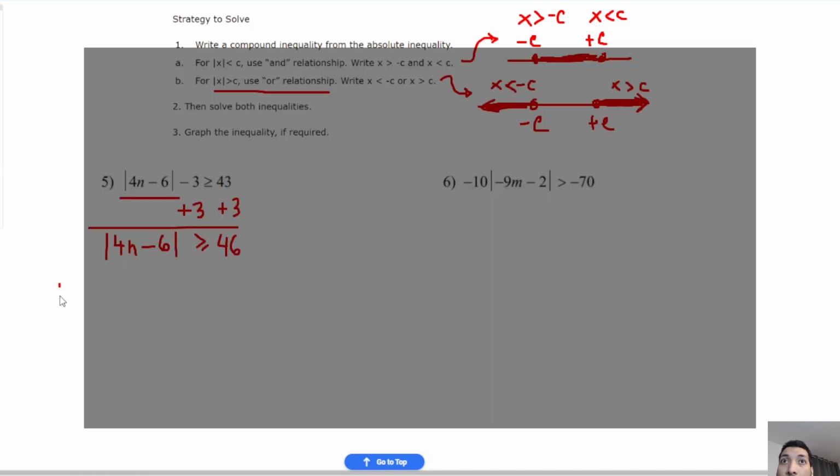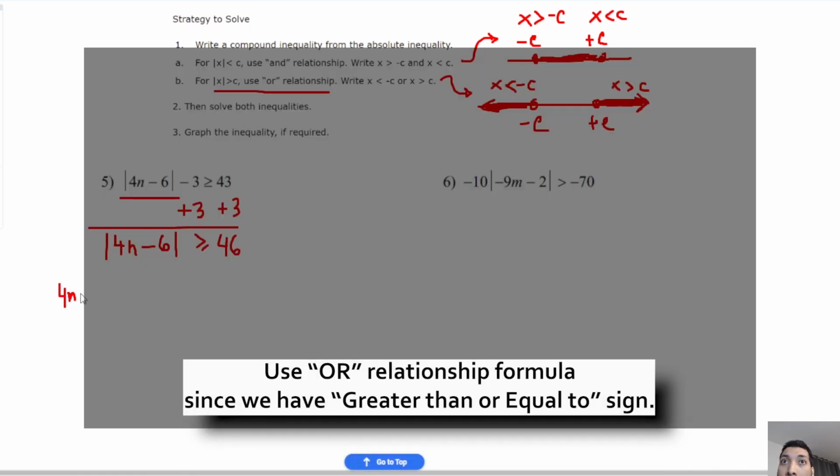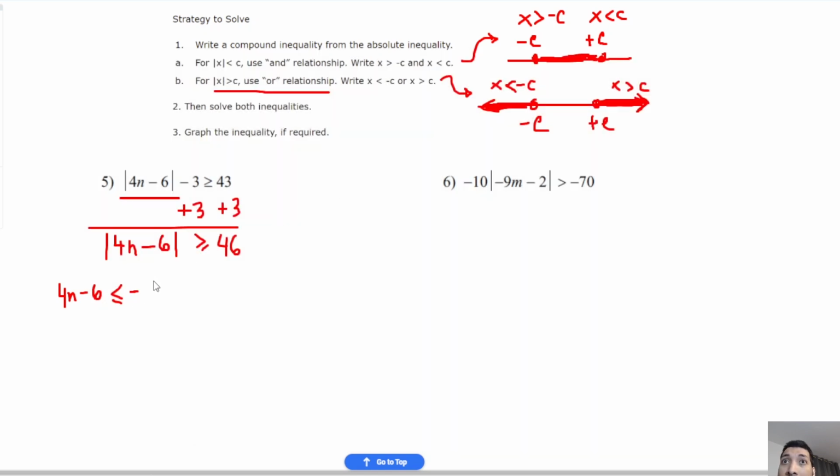So we have this 4n minus 6 less than or equal to, because we have an equal sign, negative value here, which is negative 46, or 4n minus 6 greater than or equal to positive value of this constant, which is 46.